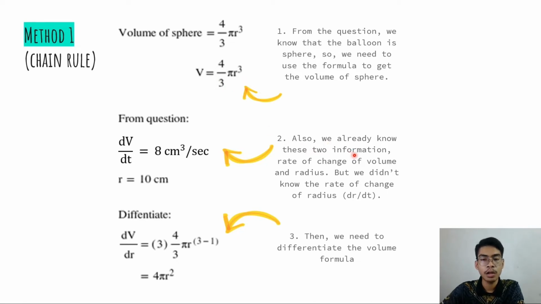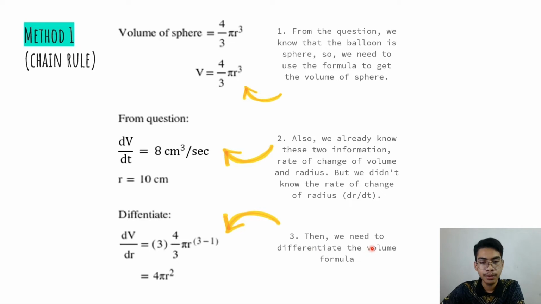Also, we already know two pieces of information: the rate of change of volume and the radius. But we don't know the rate of change of the radius, dr over dt. dV over dt is equal to 8 cm cubed per second, and the radius is 10 cm.